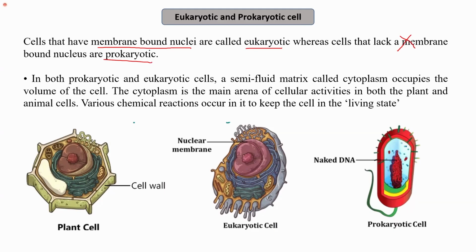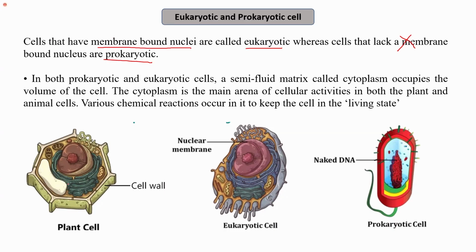So eukaryotic and prokaryotic cells are differentiated based on whether they have a cell nucleus which is defined by a membrane or not. The eukaryotic cells are the ones in which the nucleus is surrounded by a membrane, while the prokaryotic cells are the ones that lack the membrane-bound nucleus.